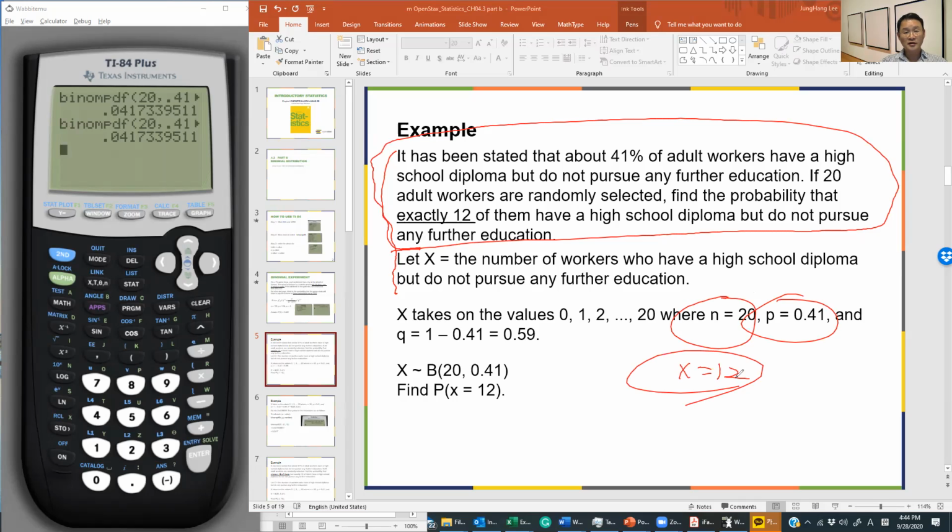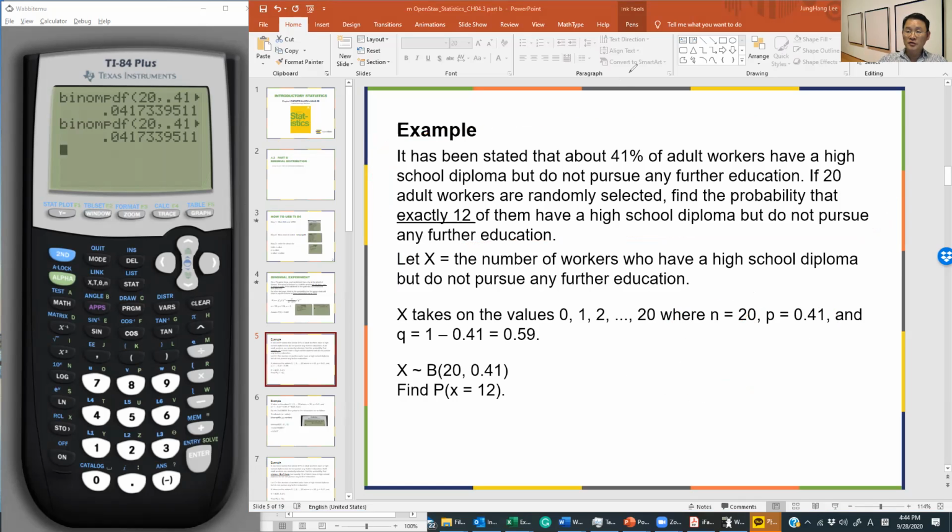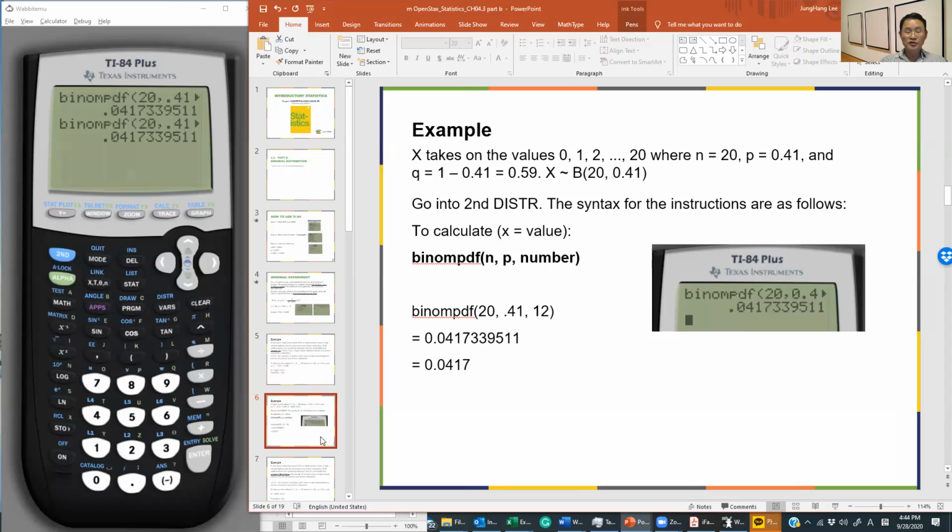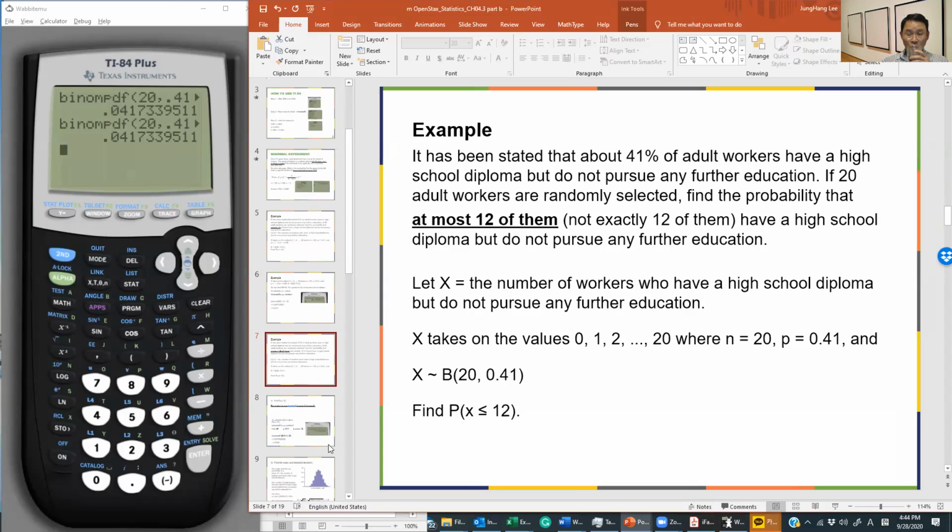You know now exactly what to do with this calculator. Go to second F and the variable, and then you go to binomial PDF and put in all 3 variables, and that's it. So this is relatively easy, once you recognize this general type as a binomial.